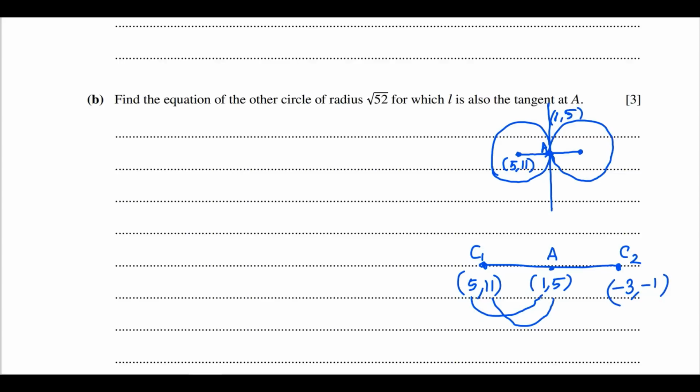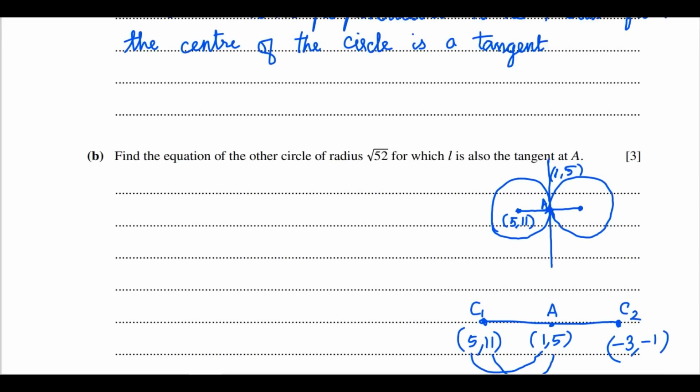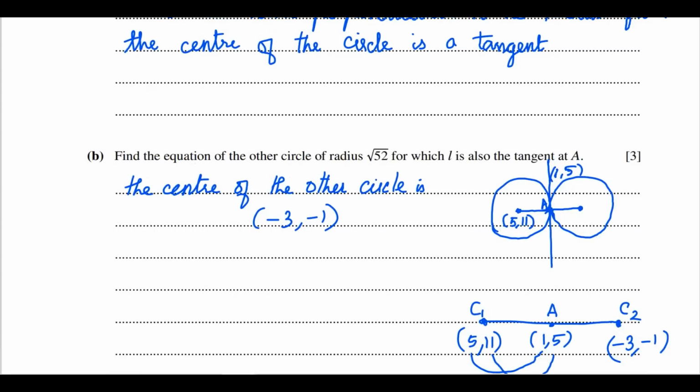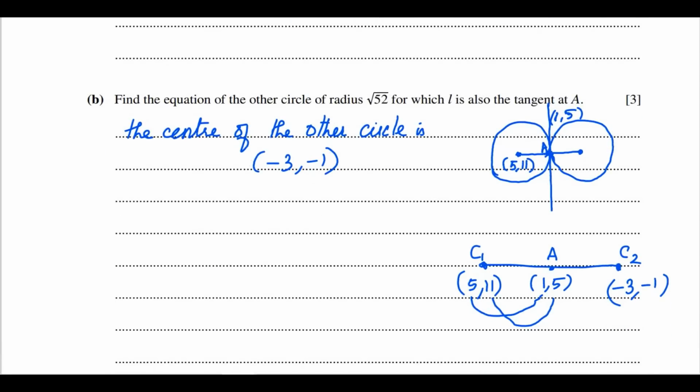So this is the C2 value, that is the center of the other circle, and the radius is given as square root of 52. So the center of the other circle is (-3, -1). Now we will write the equation of the other circle.